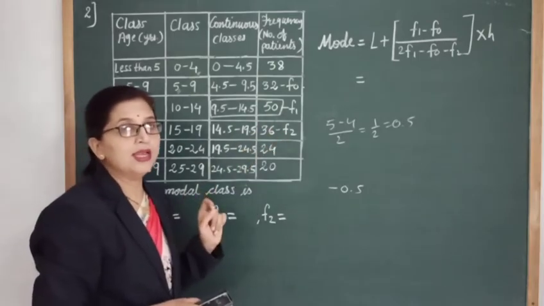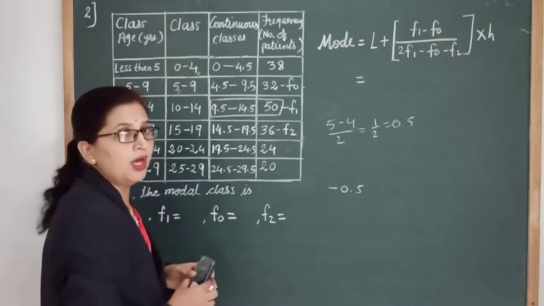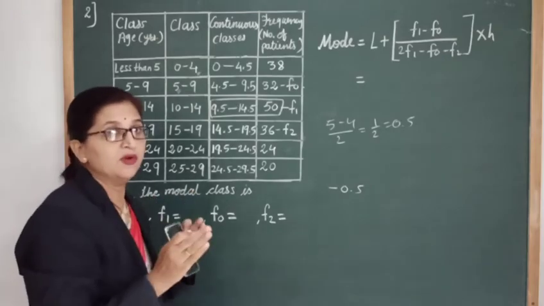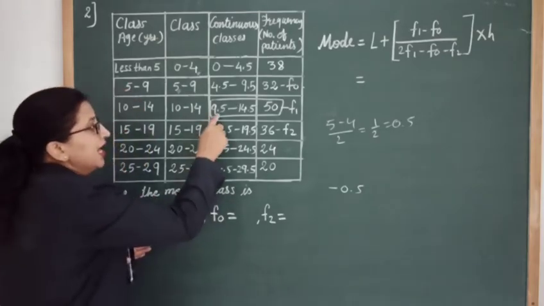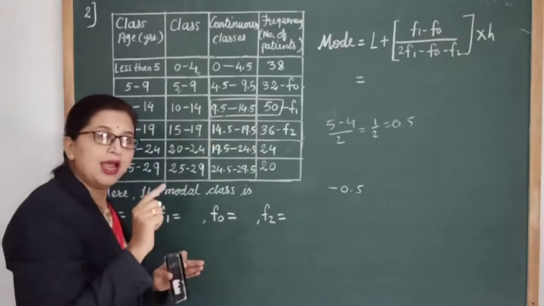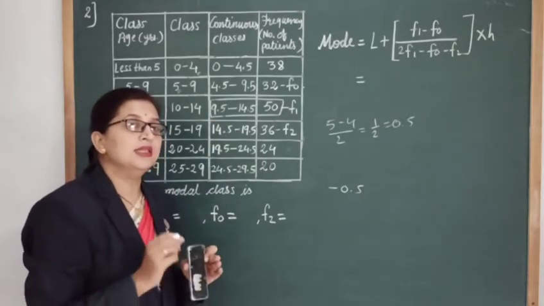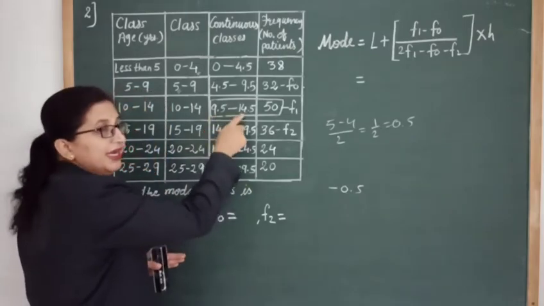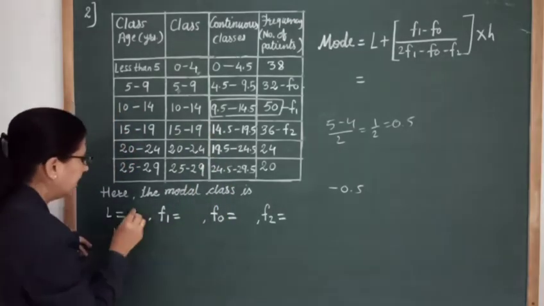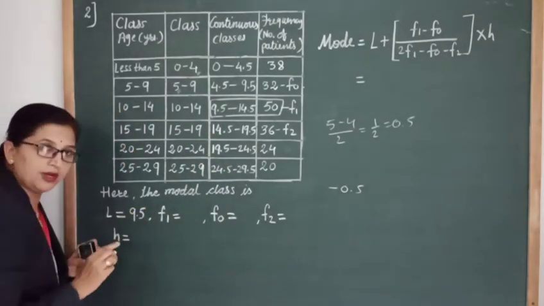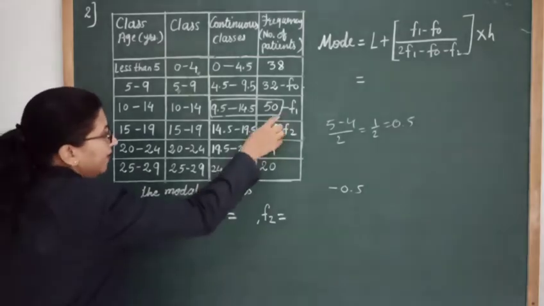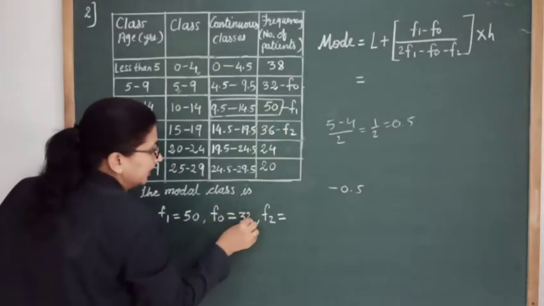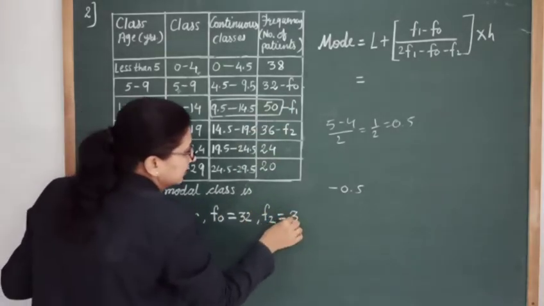Okay, now value of L. L is lower limit of the modal class. Now here students, here lower limit, which one you will consider? This 9.5 or this 10? So we have to consider the value of L, which one is continuous. So here we made it continuous, so value of L will be 9.5. Okay, then F1 is 50, F0 is 32, F2 is 36.